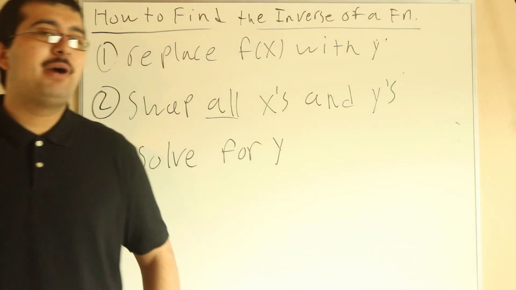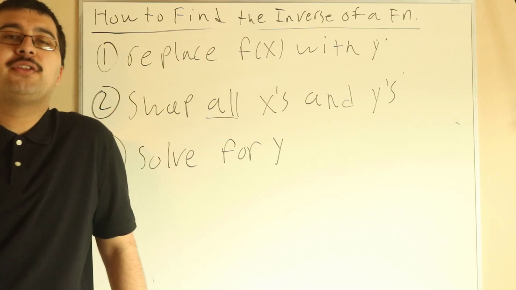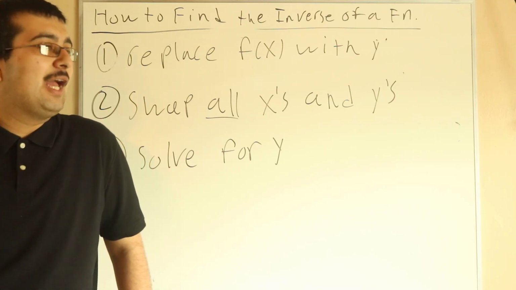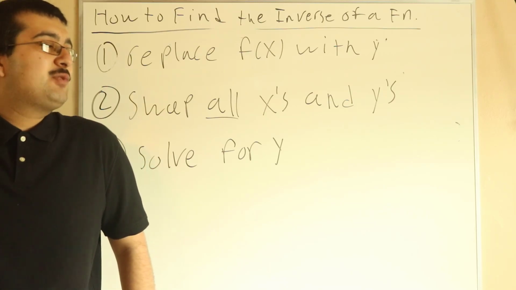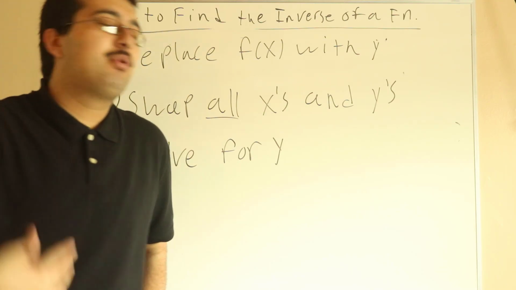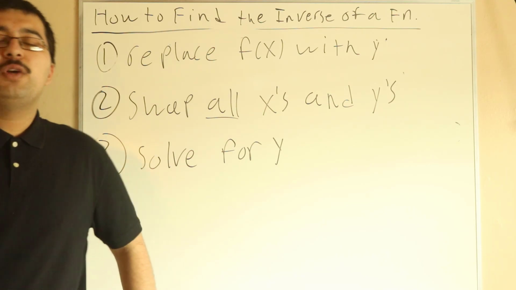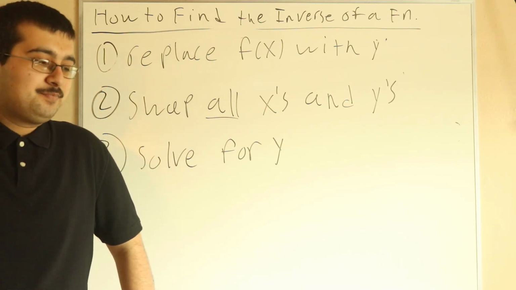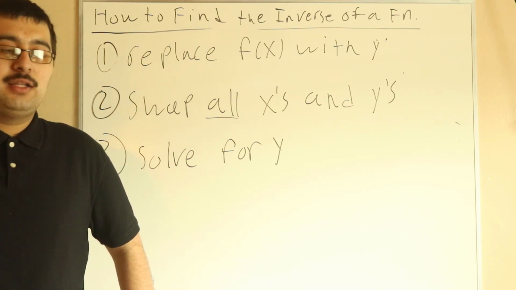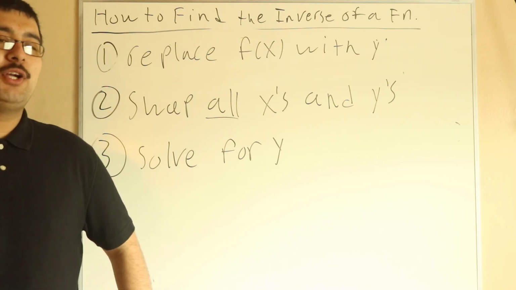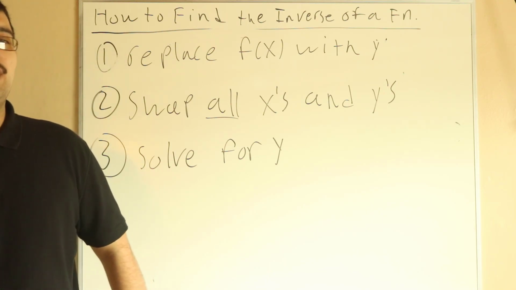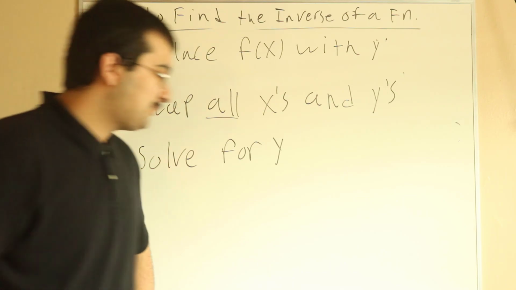You want to get that y by itself, have everything else on the other side of the equal sign. Okay, and what we'll see as we work through examples is that in that process of solving for y, after you've swapped all your variables, resolving for y ends up making you undo all the operations and in the exact order you want to have them undone.